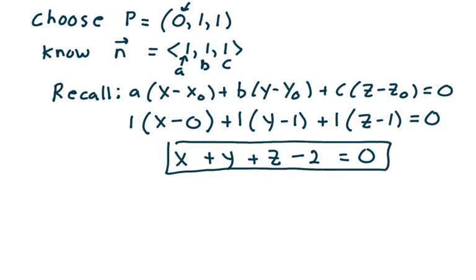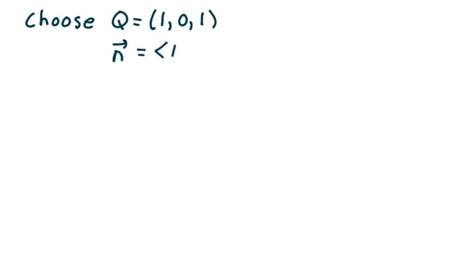And if you want to check, suppose I choose the point Q, which is (1, 0, 1). Ideally, I should get the same equation of the plane. So remember, my normal is the vector (1, 1, 1). That's perpendicular to the plane I want.